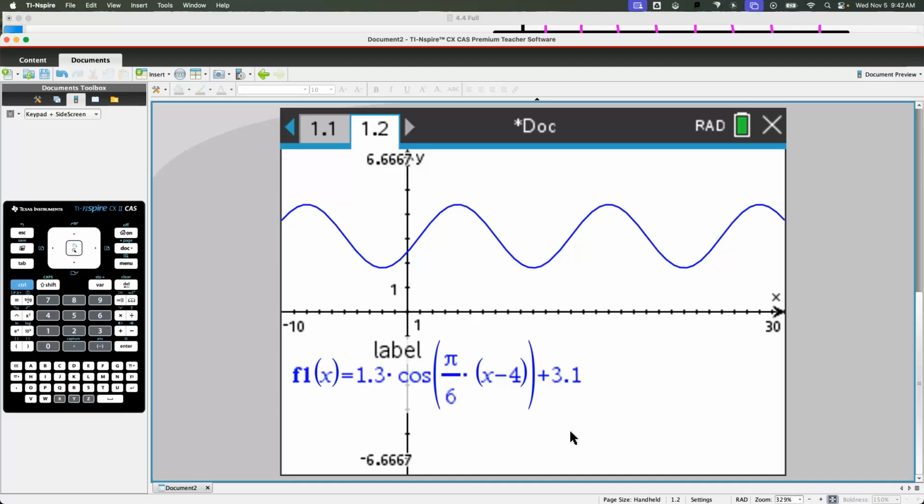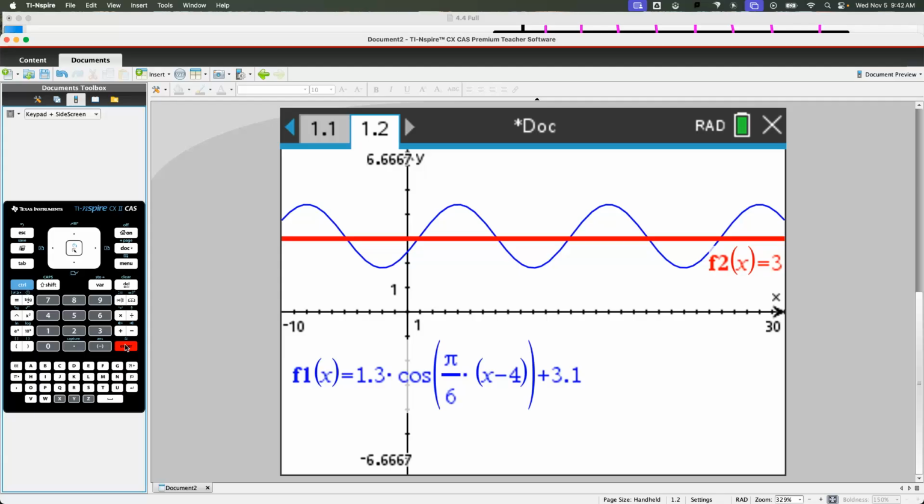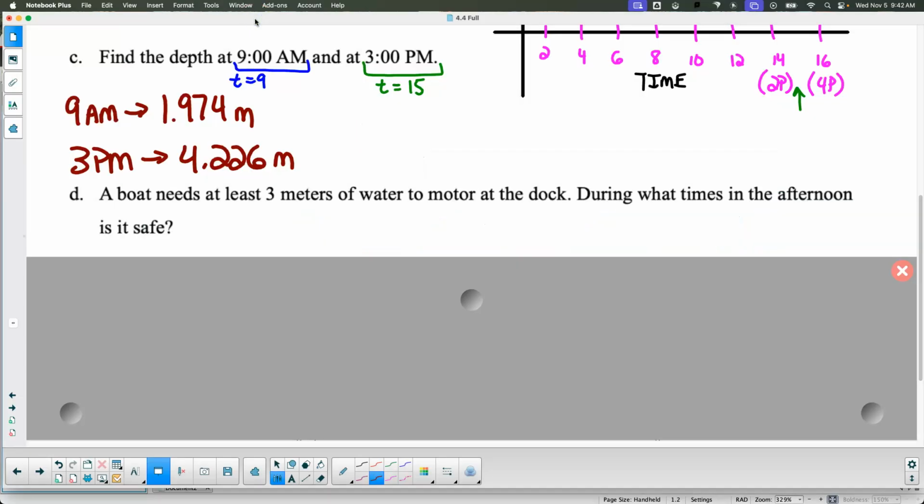Okay? It said that we needed to motor in at 3 meters, so I'm going to hit tab, and then put in a 3 meter line. So that is my 3 meter line. It said in our problem we want to be in the afternoon.